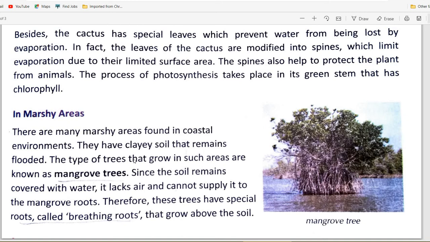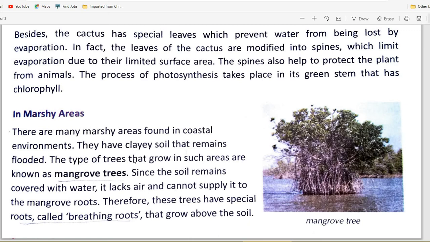So to take in air, the roots come outside from the soil to survive, means to intake the air.